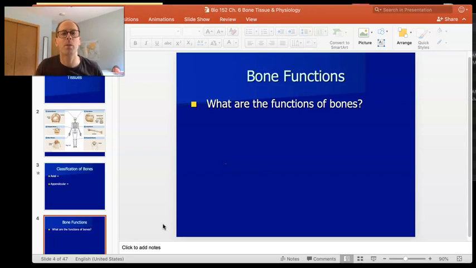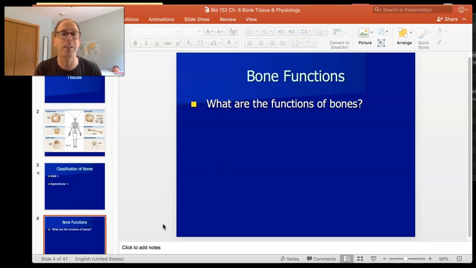But bones also do a couple of other really important things that we don't often think about. One of the really important things is store minerals. So the main mineral that you usually think about with bones, I know you're thinking about it right now, is calcium. Calcium is stored in your bones, and calcium is used for lots of other stuff. We've already talked about this a little bit. Calcium is used, for example, to release neurotransmitters in the nervous system.